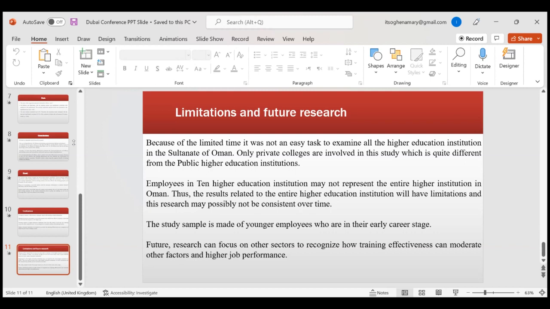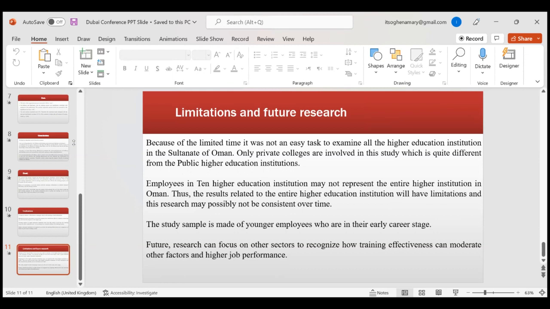Only private colleges were involved in this study. We all know that the practice in private colleges and that of public institutions may not be perfectly the same. It is quite different from the public higher institutions. So this also forms part of our limitations.